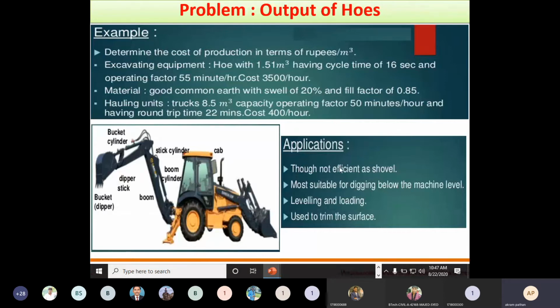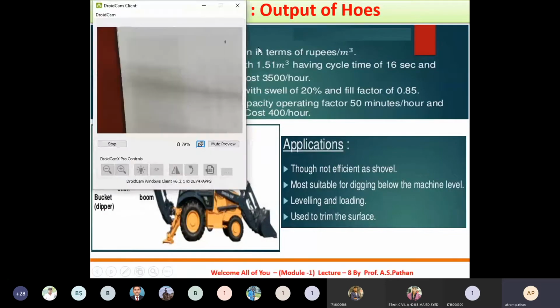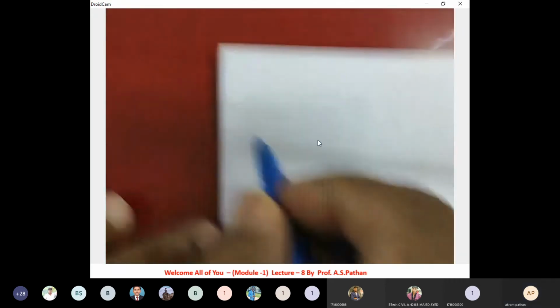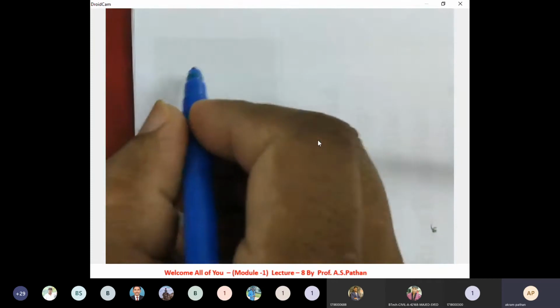So I am going to solve this problem with the help of Droid Cam. See here what is given in the problem. If you see the solution, the equipment type is given.